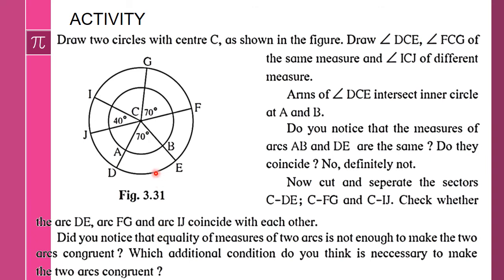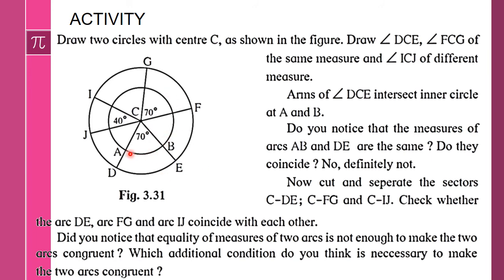So here if you observe, this particular arc IJ is of measure 40 degrees, GF is 70 degrees and DE is also 70 degrees, and both these arcs are pieces of the same circle, that is the outer circle. So DE and GF are congruent since they are two arcs with the same measure and they are pieces of the same circle. Actually, with the same measure we want the radius to be equal so that the arcs are congruent.